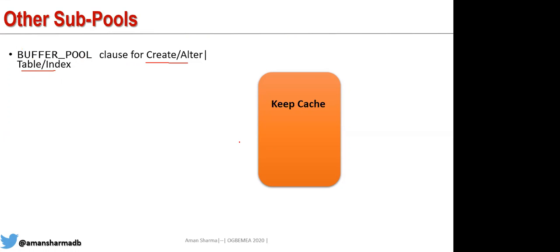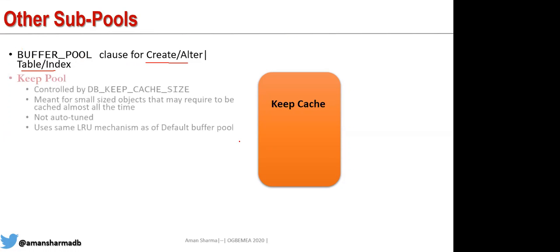Now, the keep cache is actually going to be the cache which is controlled by the parameter db_keep_cache_size. This is required for those kinds of environments where we need the object to be available for a longer duration as compared to the default cache.